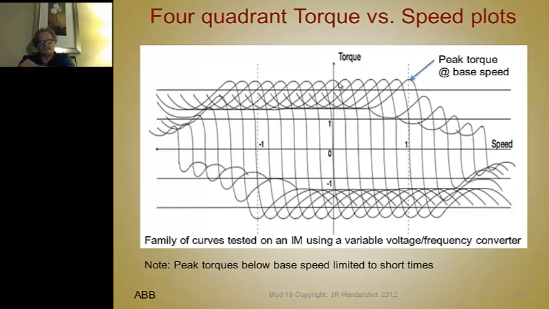And there's no signs of saturation here. We're still able to achieve these peak torques at low speed. So basically, a motor like this with this kind of control, with flux vector control, can produce torque right down to 0 speed.